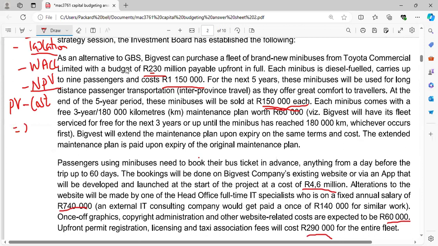The bookings will be done on the company's existing website via an app that will be developed and launched at the start of the project at a cost of 4,600,000. So this 4,600,000 is going to be what? Is it capital expenditure or revenue expenditure?